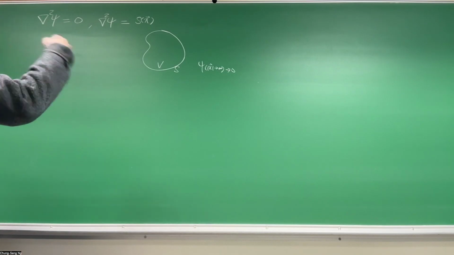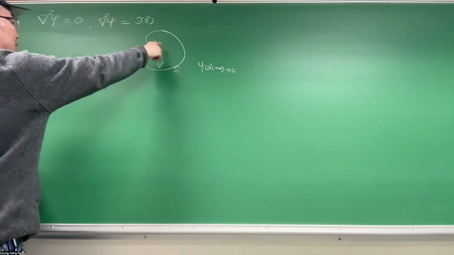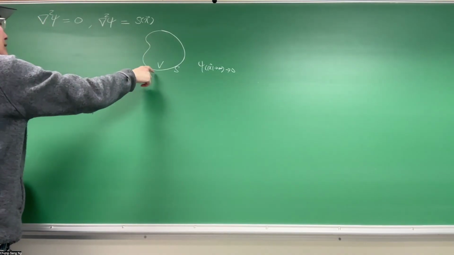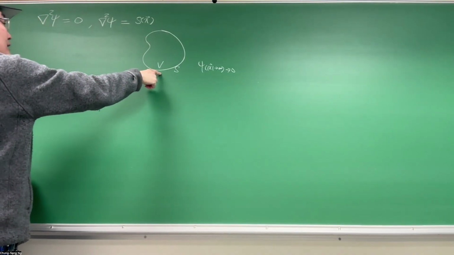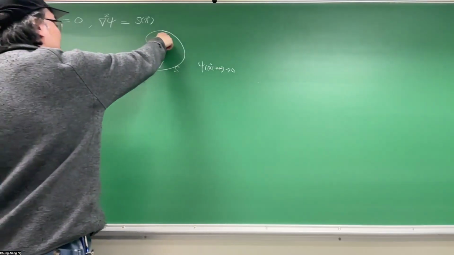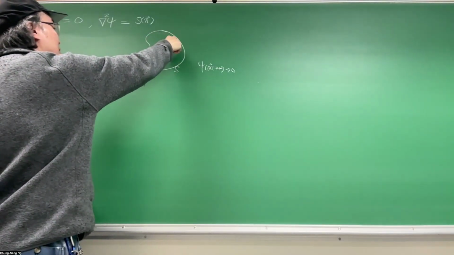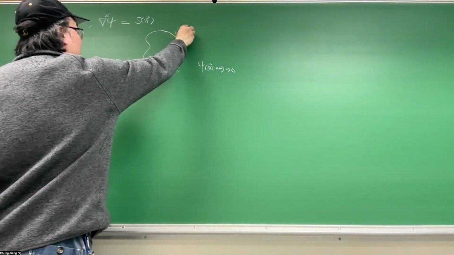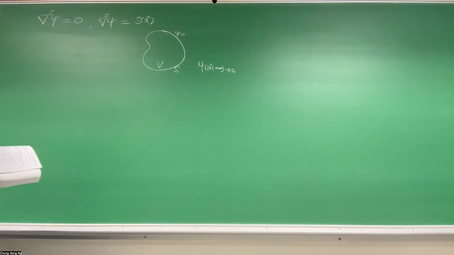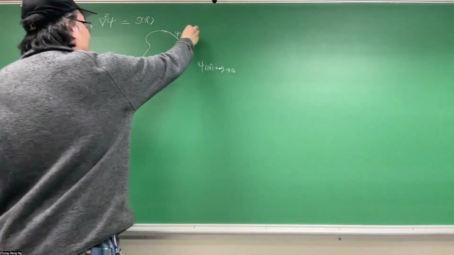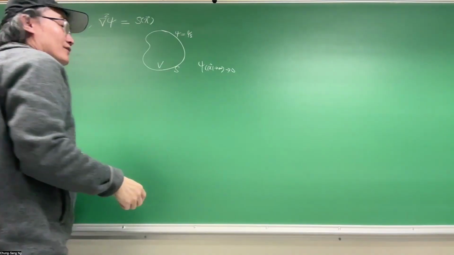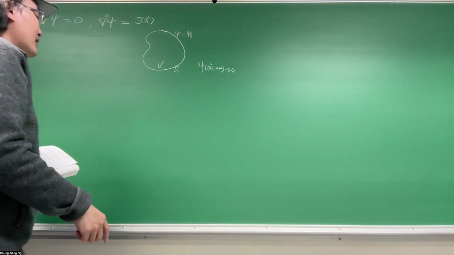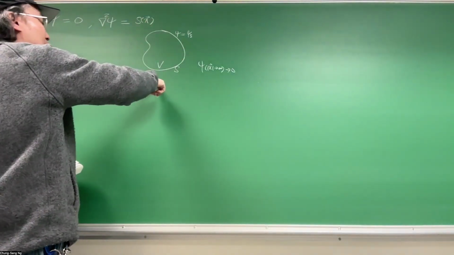That's the boundary value problem, and the boundary value is specified on S. Usually there are two kinds of boundary condition. One is given psi, so psi is given by some function psi sub S specified on S. That can depend on the location on the surface.